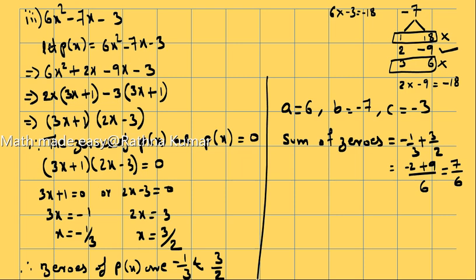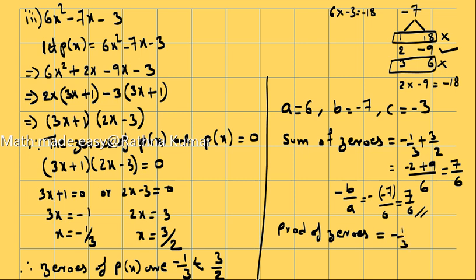So what is sum of zeros? -b/a. Minus of b is minus of -7, over 6. So minus into minus is plus, 7/6. So we got both equal. So now next, product of zeros. Product of zeros is equal to -1/3 into 3/2.